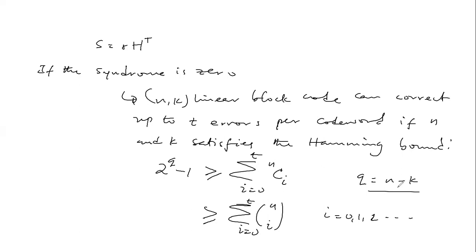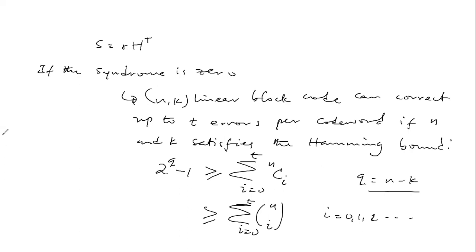So I want you to take note of this expression because for the block code, in this case, at what point do we experience equality? So equality holds for perfect codes.